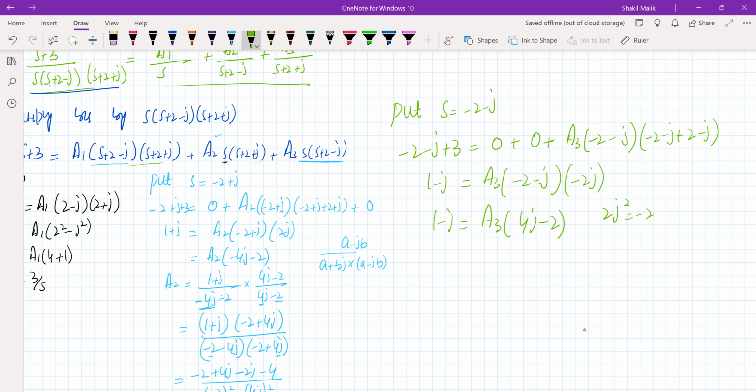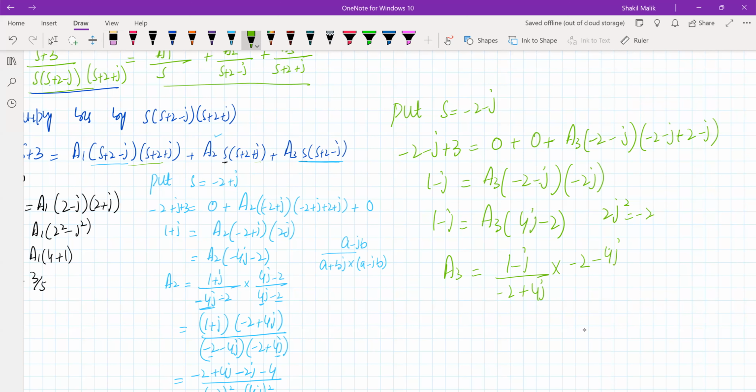So it will be minus 2 simply here because j square is minus 1. Now that means a3 is simply 1 minus j divided by minus 2 plus 4j. What we want to do is bring it in the form a plus bj. So we'll do the rationalization: minus 2 minus 4j.